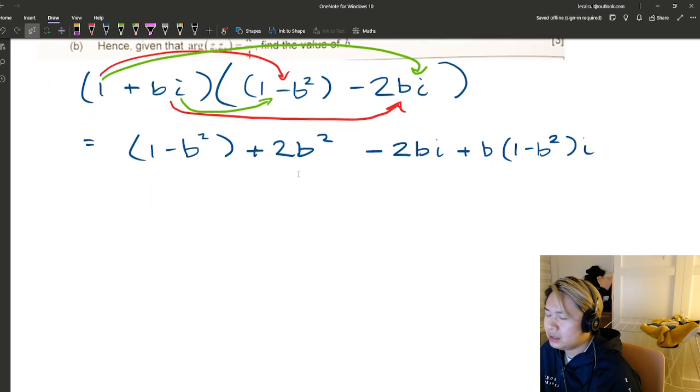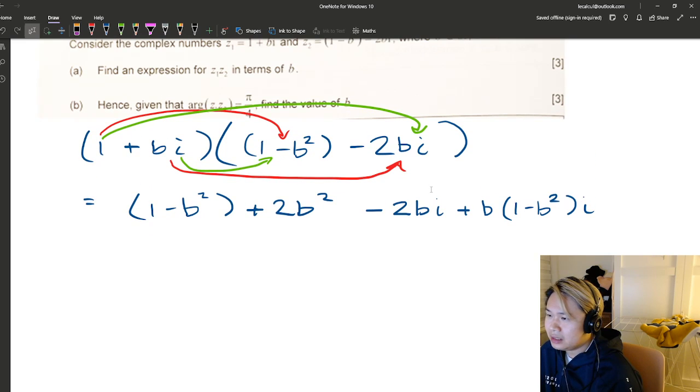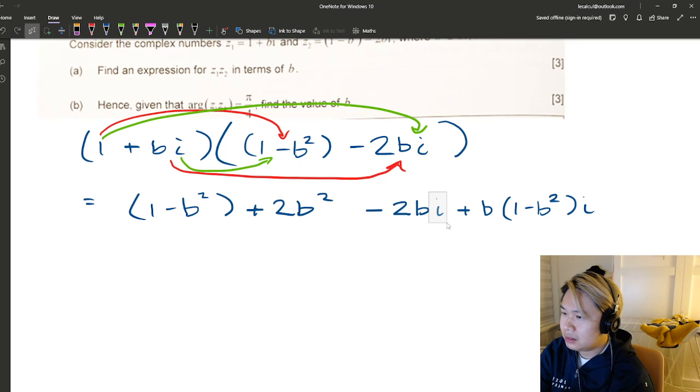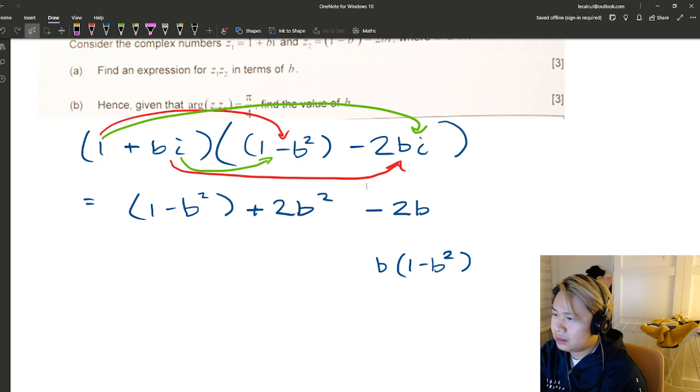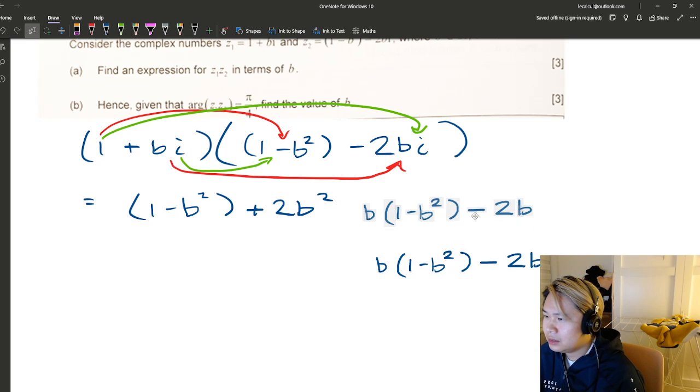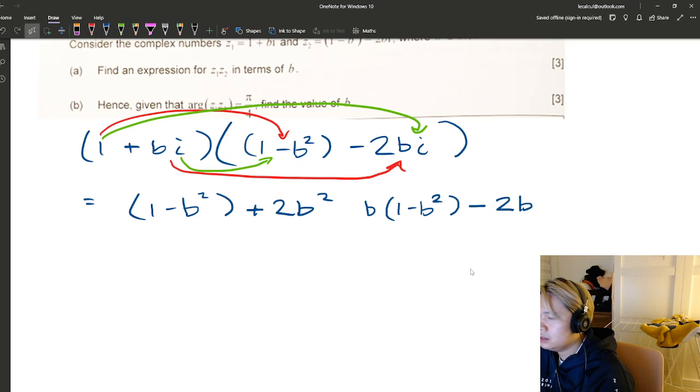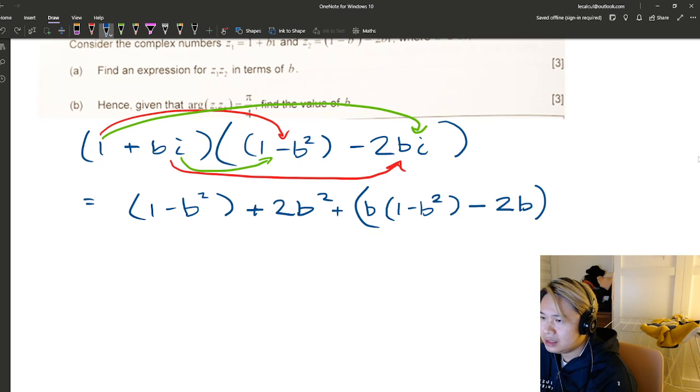I don't know how far they want you to take it. Generally, we do like to only have one term of i, so I'm going to factor this out. And also, generally, we like positives in the front, so we're just going to rearrange these two coefficients of i. And then this is a plus, and this all is going to be multiplied by i.